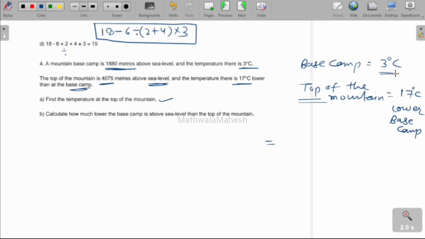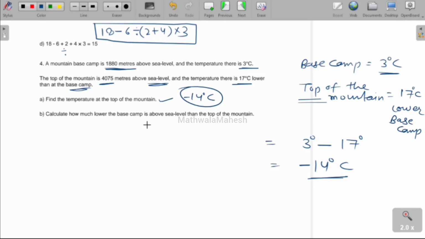At the base camp the temperature is 3 degrees and at the top of the mountain the temperature is 17 degrees lower than this. Okay, so 3 minus 17 is minus 14. So the answer is minus 14 degrees Celsius.